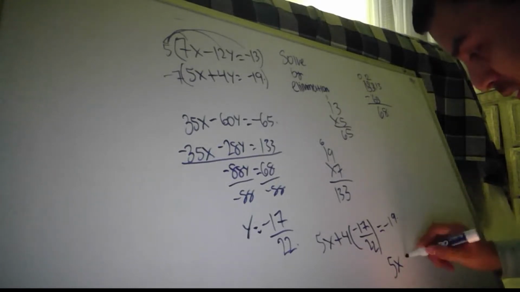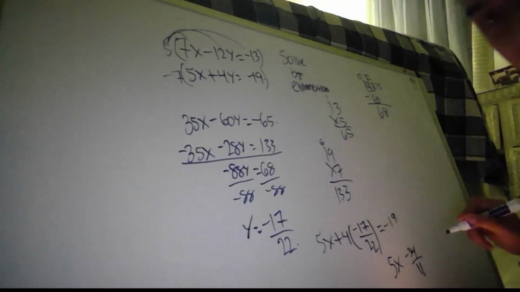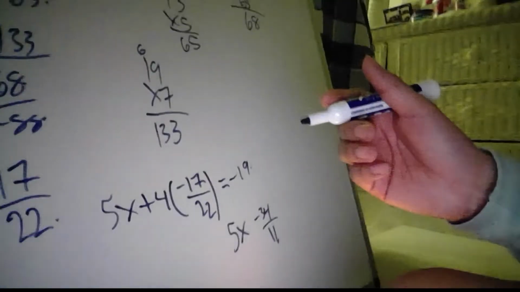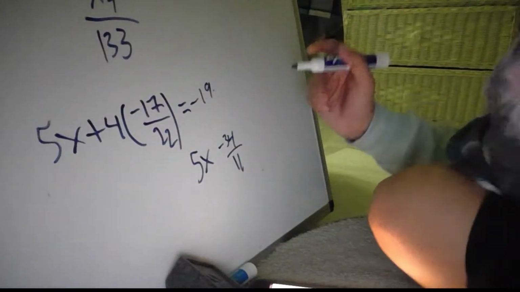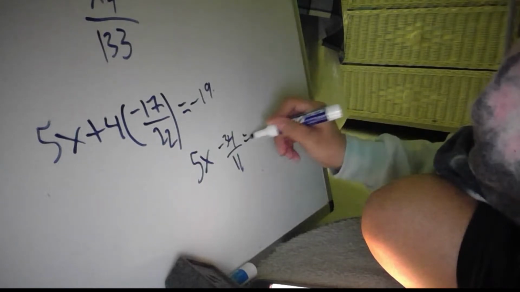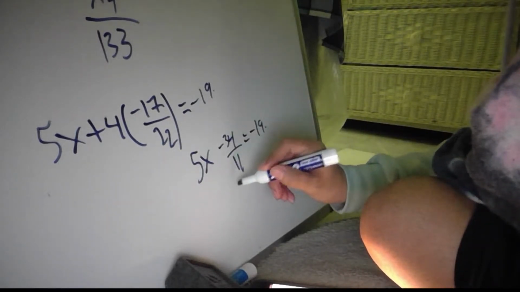So 5x minus 34 over 11 equals negative 19.